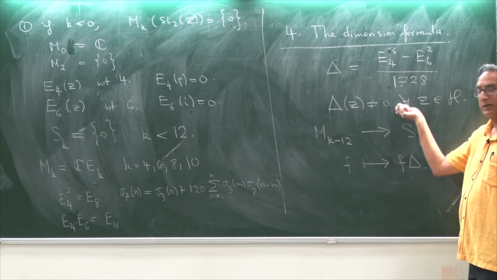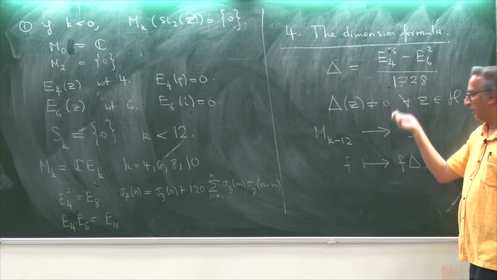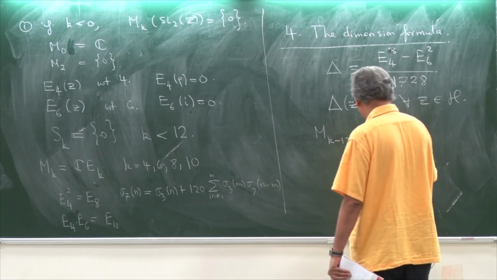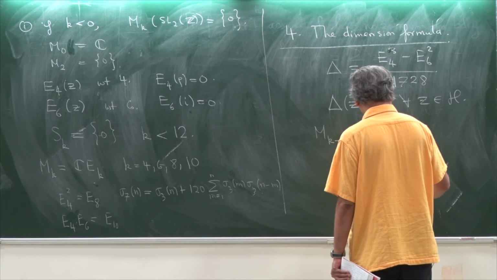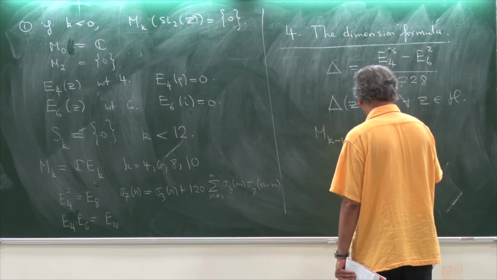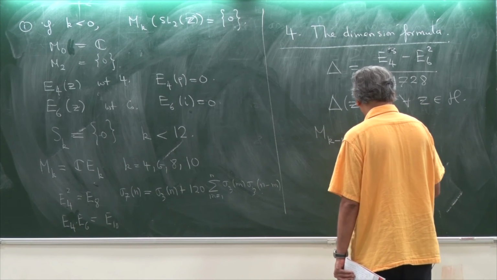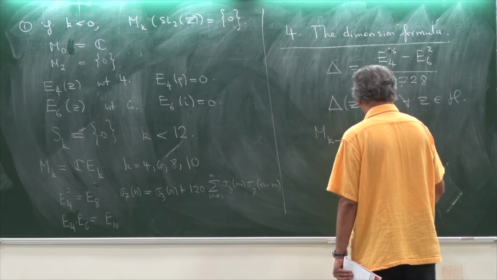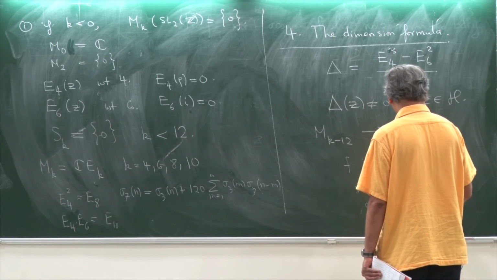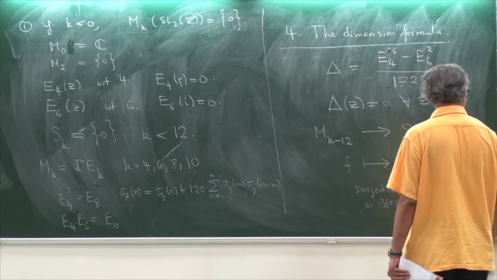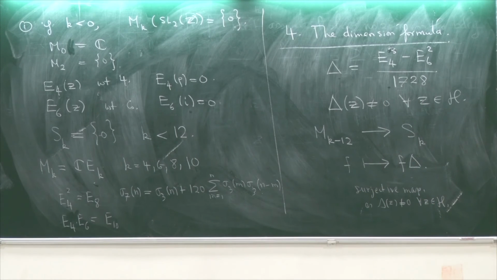And I can do that because of this comment. Right? Surjective map, as delta of z is not 0 for all z. So take any modular form and just divide by delta, and you end up getting that.